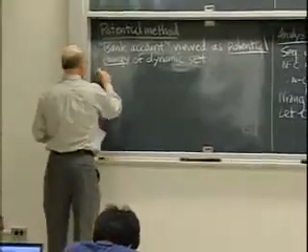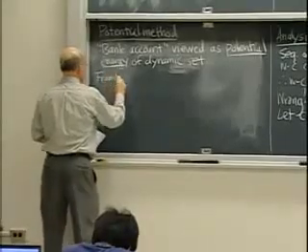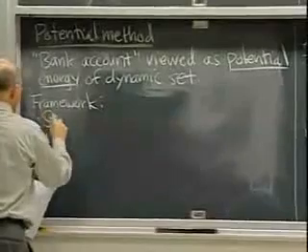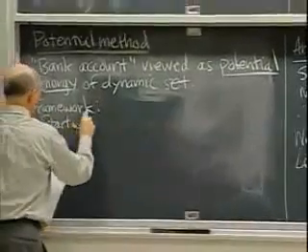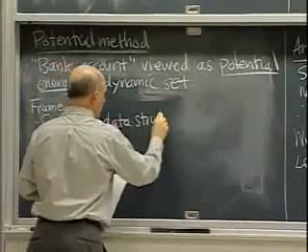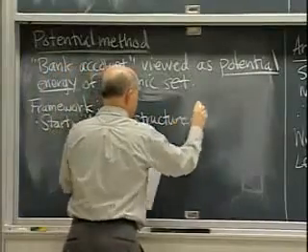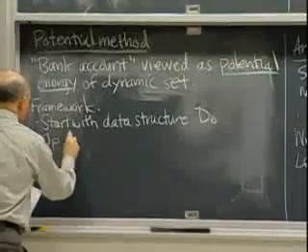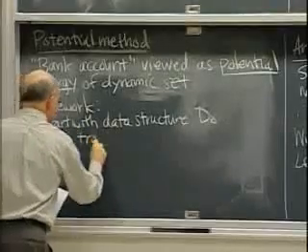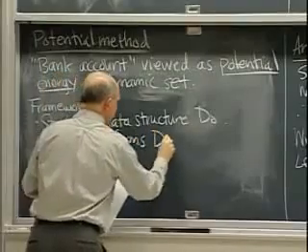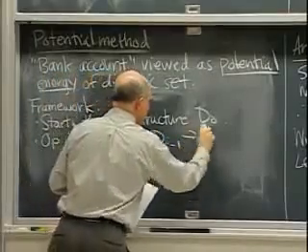So here's the framework for the potential method. We start with some data structure D0, and operation i transforms D sub i minus 1 into D sub i.